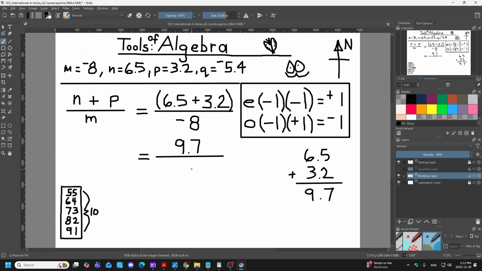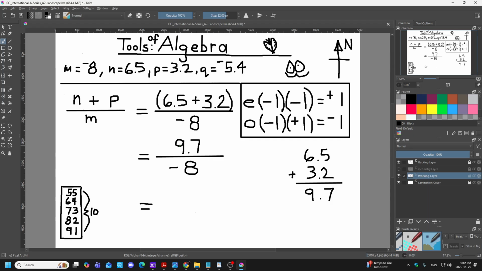We increased in value, correct? And that's being divided by negative 8. Commonly, I like to put my negative up top, but it doesn't matter. We're dividing a decimal. If we had a fraction, 9 over 8, I would put the sign at the top. Okay, that's all I'm trying to say.